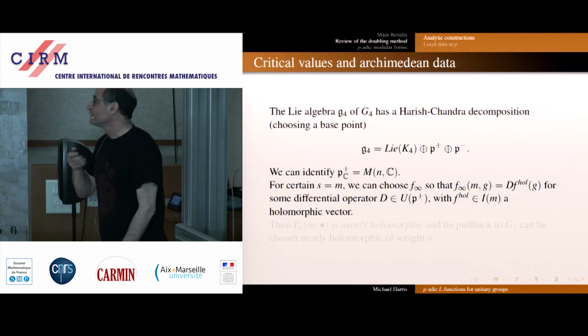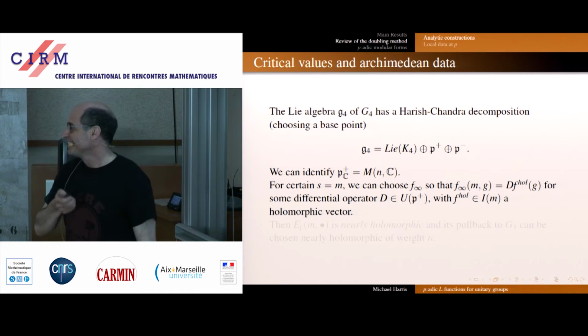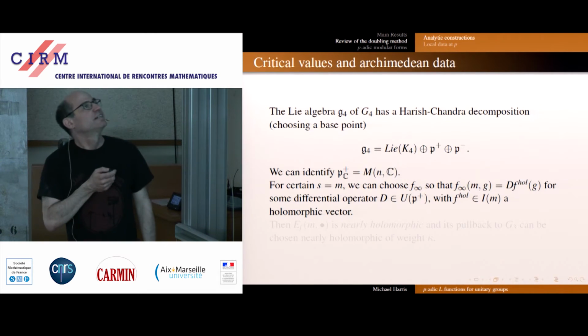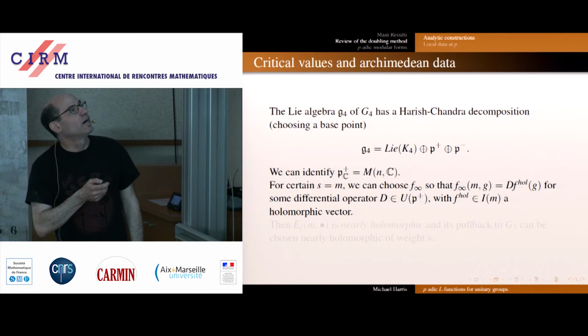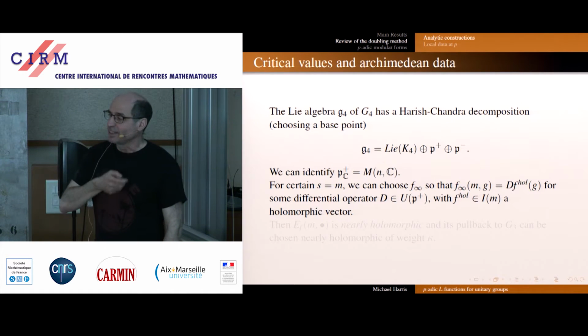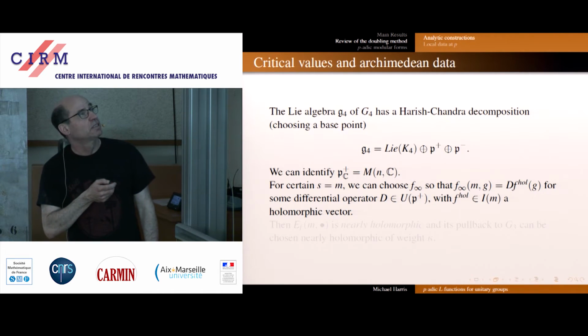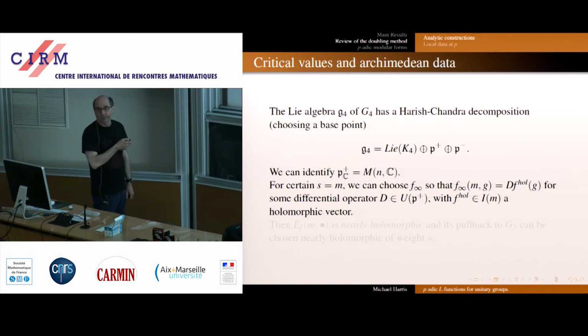So once again, this is all complex analysis for those of you who are familiar with that stuff. So it turns out in this particular setup that P plus just can be identified with n by n complex matrices. Okay, that's convenient.